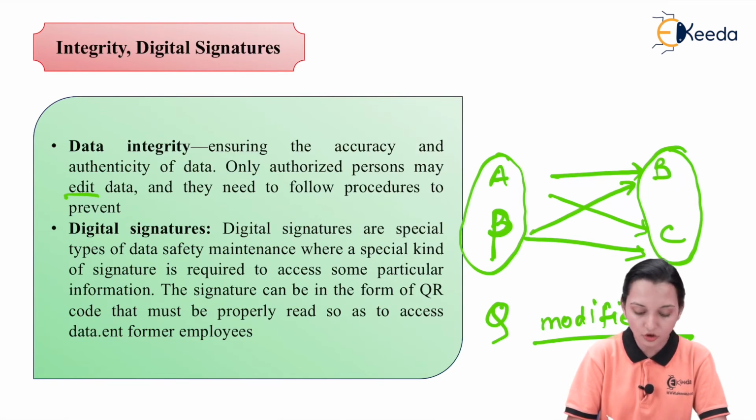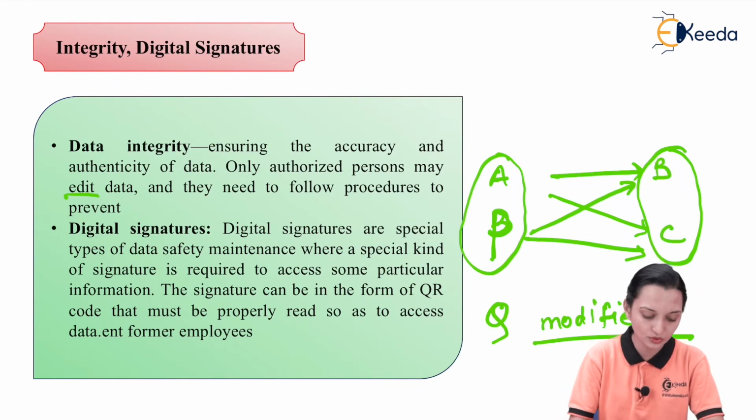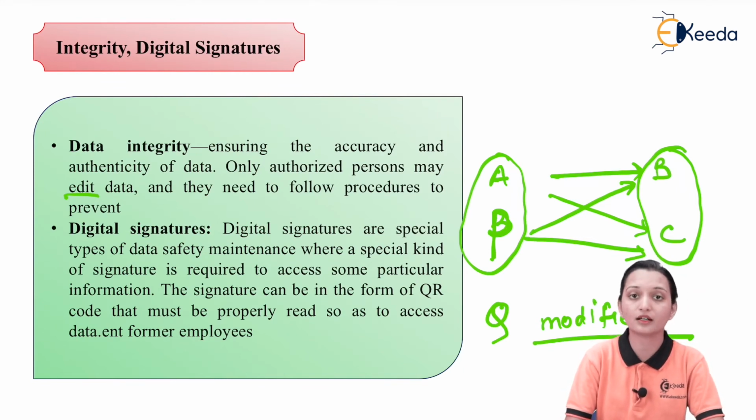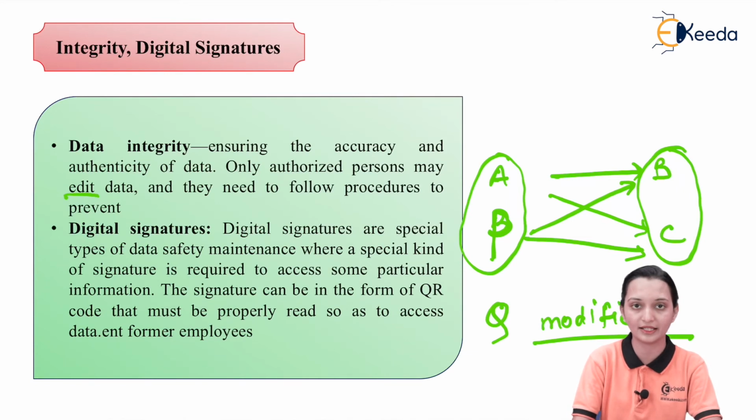Why? Because the unauthorized person tried to modify the data. And so if senders are required to modify the data, they have to follow the procedure, so that there may be a possibility that the receiver may get the idea that the senders try to modify the data.